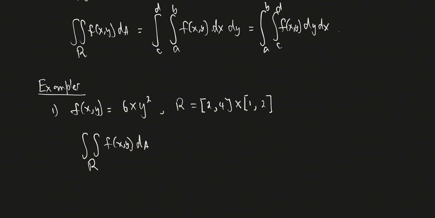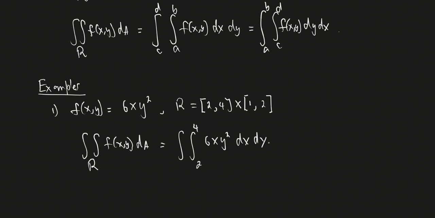So let's say we were to set it up using this form where we're going to have our differential as dx dy, right? So then it would look like this. I would have 6xy squared, and then I'd have dx dy. Essentially, I'm going to treat these as two separate integrals. The first one, we're going to integrate with respect to x, and the limits are 2 and 4.